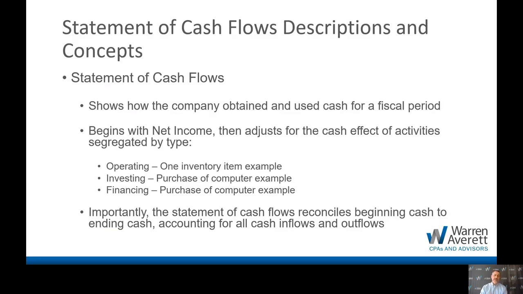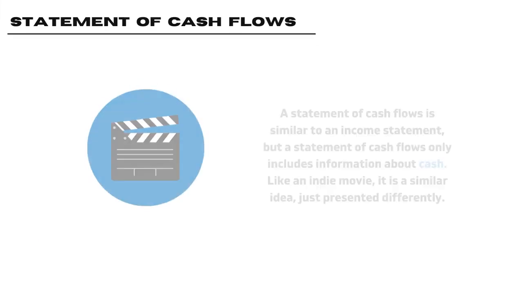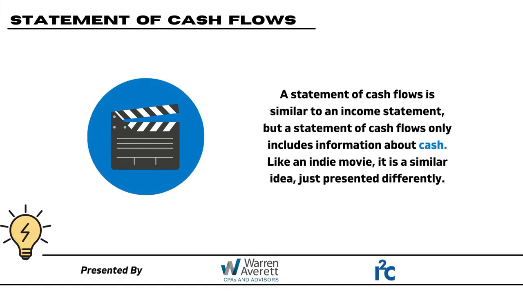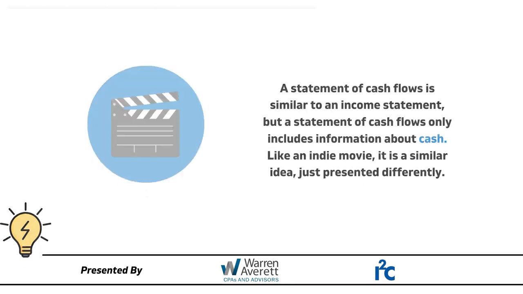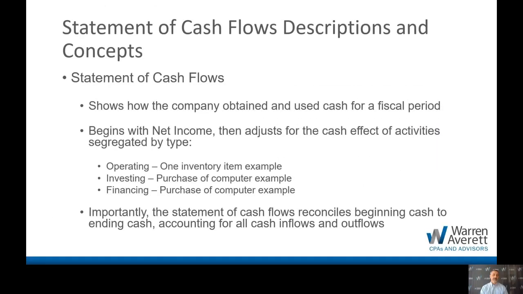The statement of cash flows, in the first video, I likened it to an indie movie in that it's similar to an income statement because it shows activity over some specified fiscal period. However, it's a little different from the income statement in that it presents some of the same information, but in a fairly different manner. The statement of cash flows shows how the company obtained and used cash for the fiscal period.